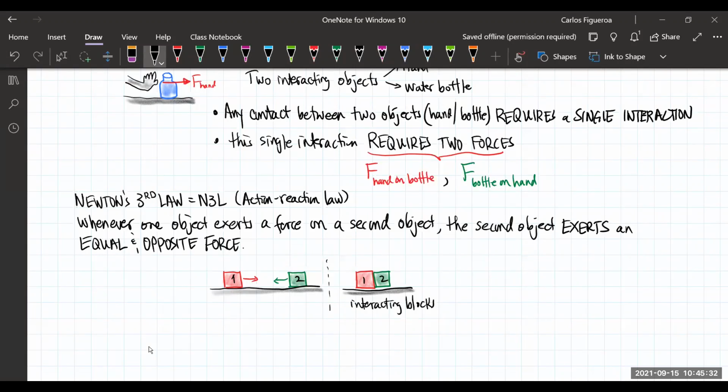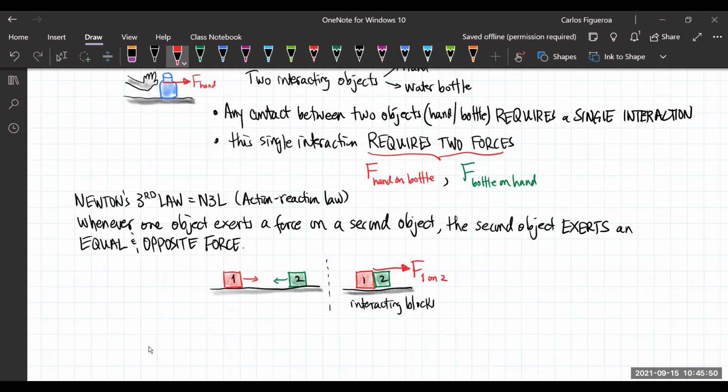This is remarkable. When block 1 interacts with block 2, we know that the red block is going to apply a force of 1 on 2.